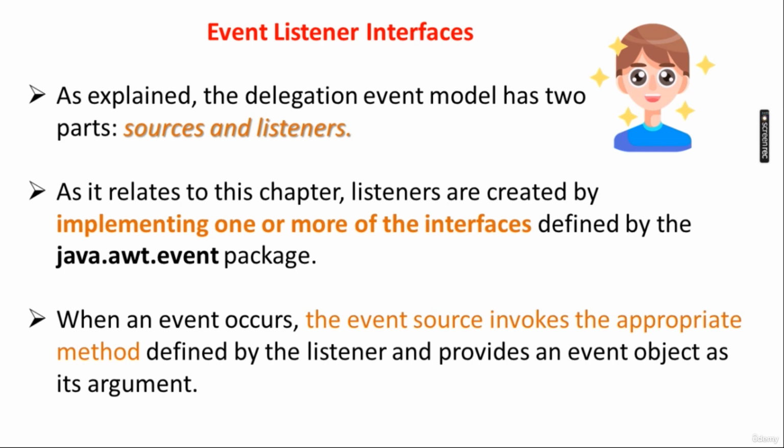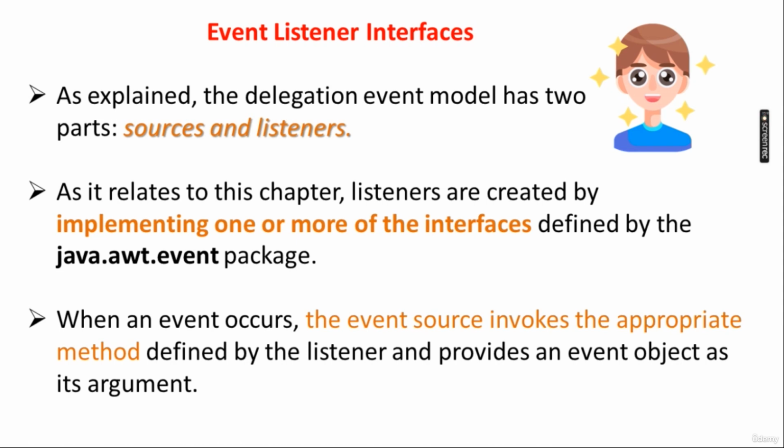As explained, the delegation event model has two parts, sources and listeners. One is the source that generates the event, and the other is the listener, whoever is registered with the source, who is interested in listening to the events and modifying or handling that particular event. So one is the source, the generator, and the handler is the listener.